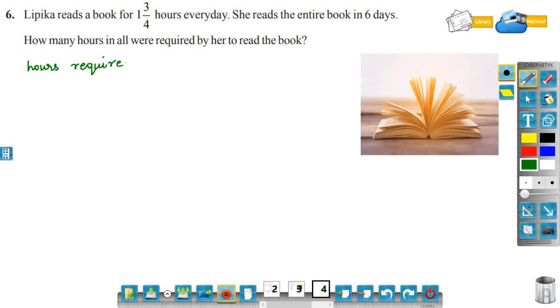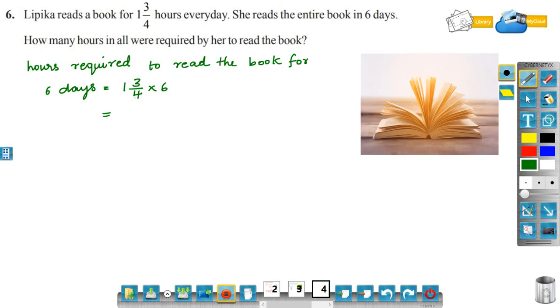Hours required to read the book for 6 days. For 6 days is equal to 1 3 by 4 hours for 1 day into 6 days.